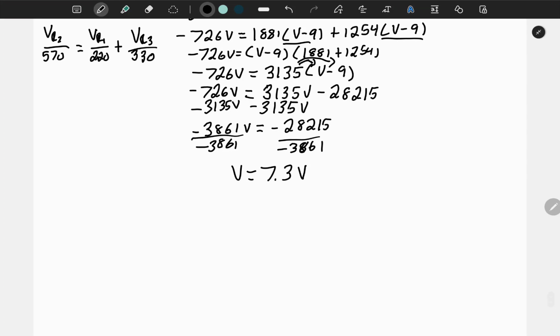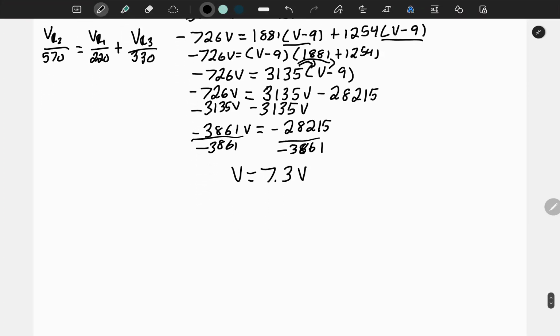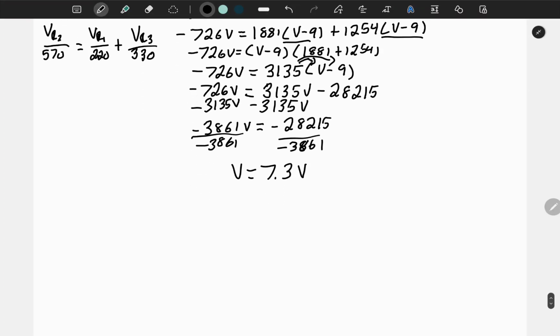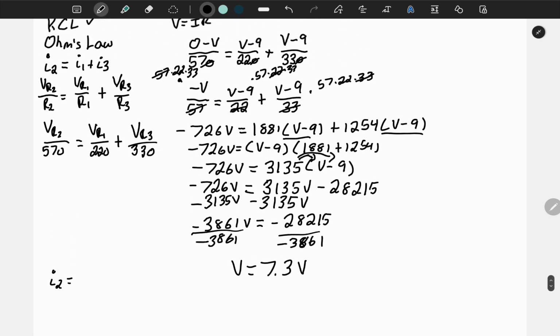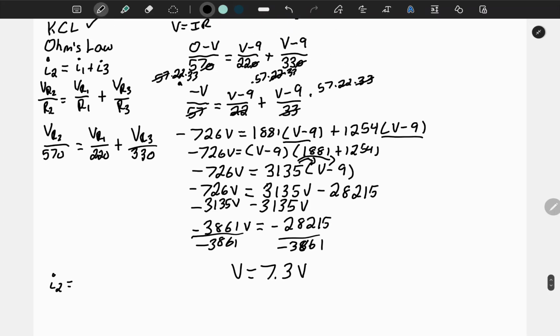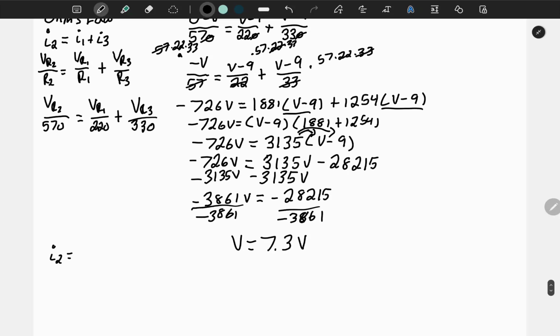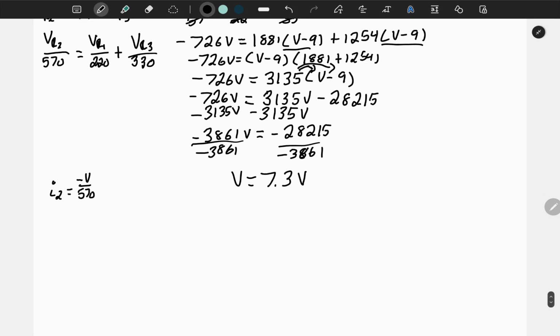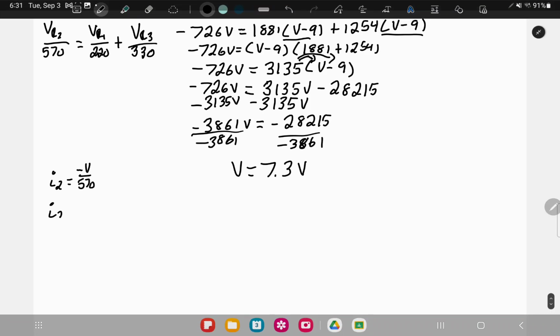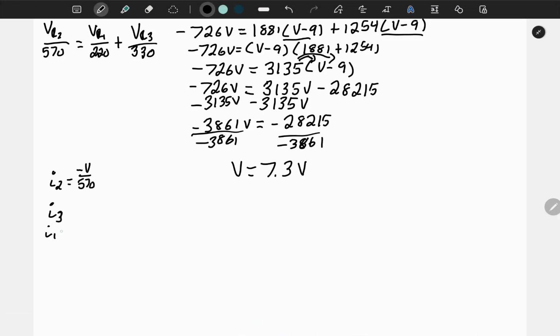So, that being said, we don't know the currents. So, I2, or we have written here that each current, negative V over 570, I3, I1.